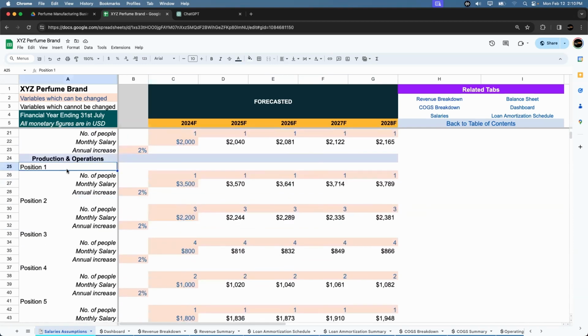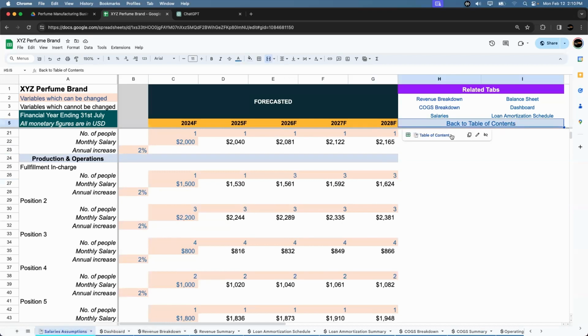For production and operations, let's say you need someone for fulfillment, fulfillment in charge. So you are, let's say, paying that person 1,500 per month. From the third year, maybe you need 3. So you can just put 3 in here. If your business supports it, then you can keep them. If your business doesn't support it, you can't keep them.